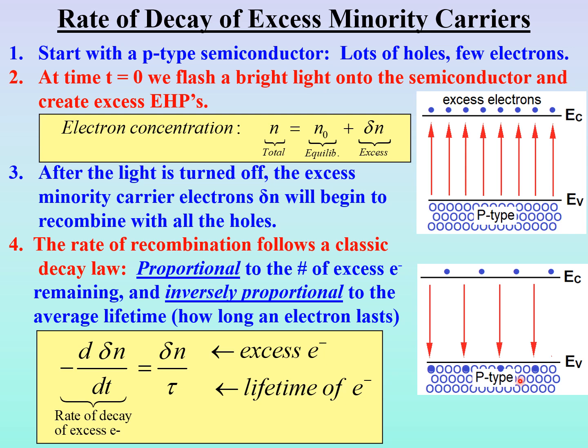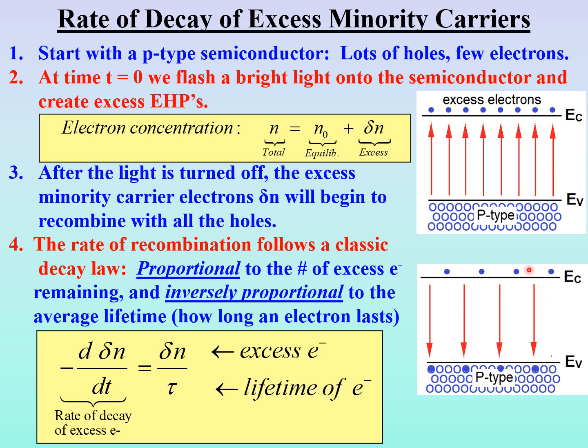This rate of recombination follows a classic decay law. It's proportional to the number of excess electrons remaining and inversely proportional to the average lifetime, or how long an electron lasts. So the more electrons we have up here, the higher the rate of recombination will be. And that makes sense.